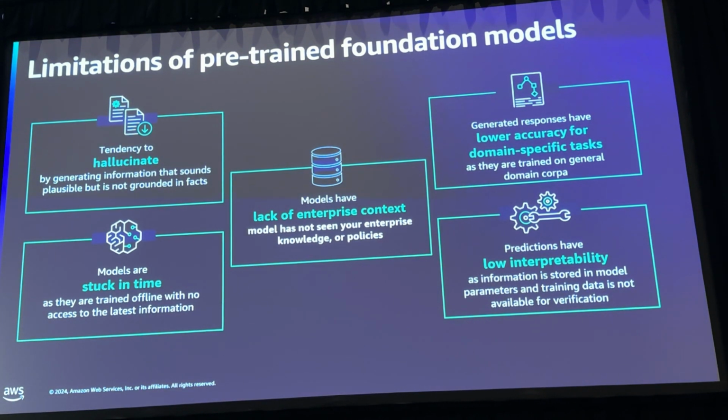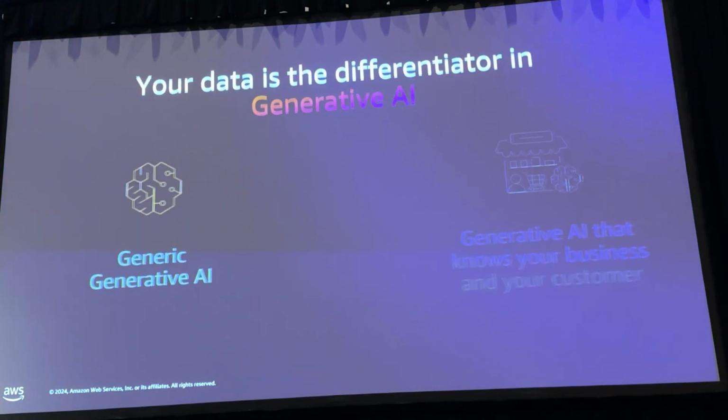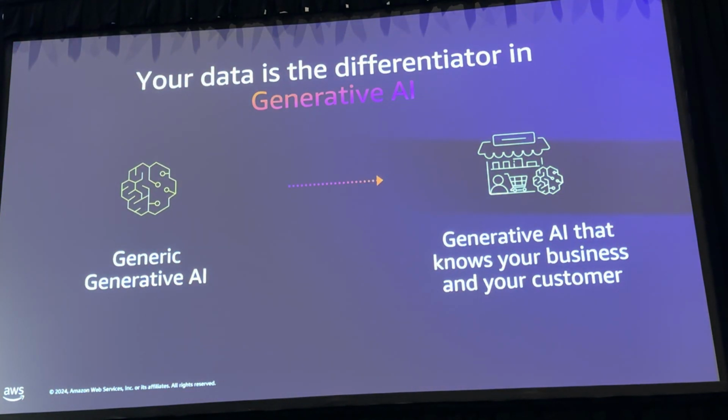So to overcome all of these limitations, you can augment the model knowledge by the information which is very specific to your business. And that is where your organization data comes into picture. It helps you in making these generic generative AI applications very specific to your business and to your customers.